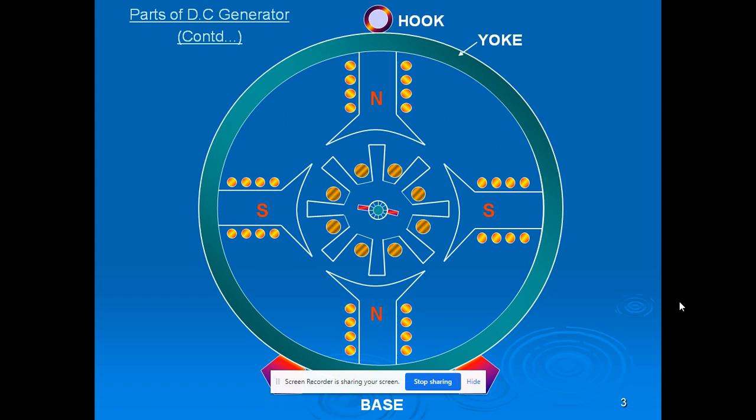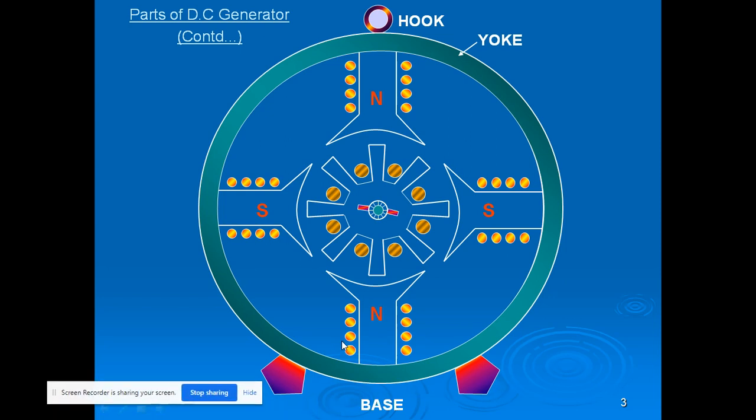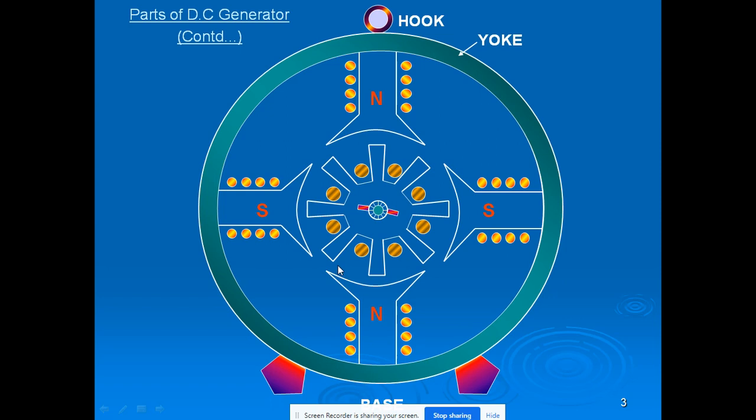And this is the base for comfortable placing of DC generator. And this is the pole. We can see all the four poles here: north pole, south pole, north pole, and south pole. Flux always starts from north pole and ends at south pole.